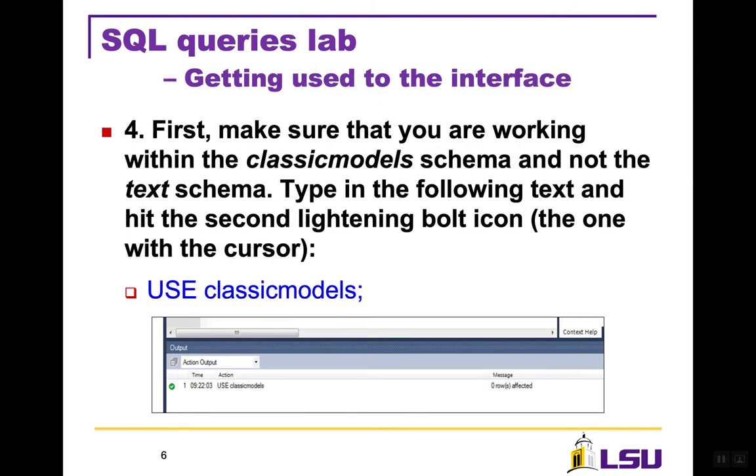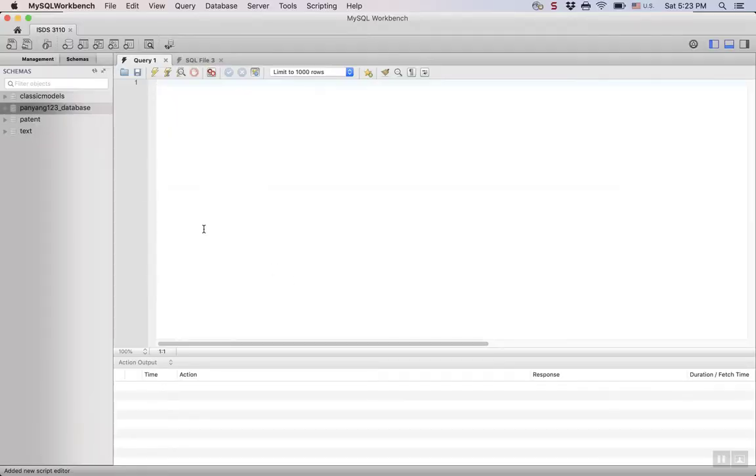First, make sure that you are working within the classicmodels schema, so that you select all the tables from this database, not something else. The command to select this database is USE classicmodels. For each SQL command, you separate them with a semicolon. Now I just use the first icon to run everything in this script.